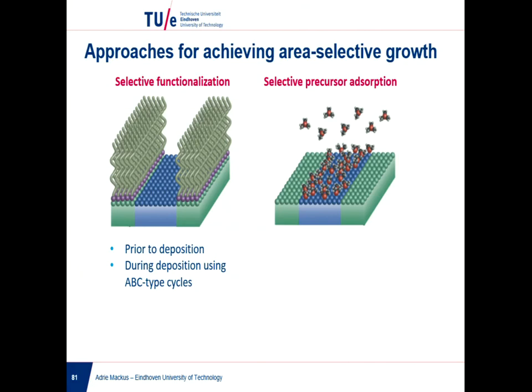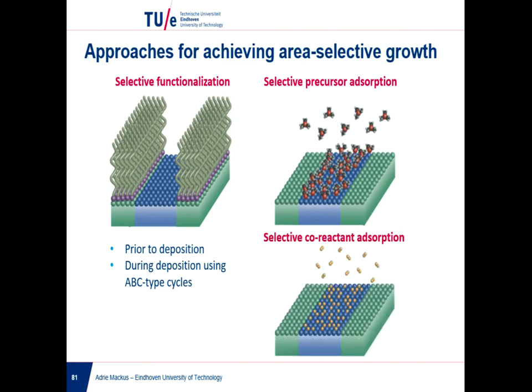And then before that I talked about selective precursor adsorption. There's one thing missing, and that's selective co-reactant adsorption, if you consider that the ALD process has 2 different steps. But that's something that also has been explored, mostly for area-selective ALD of metals, so metal-on-metal deposition.